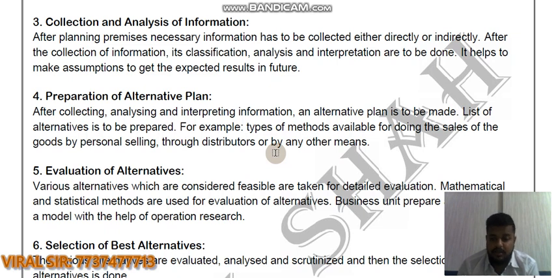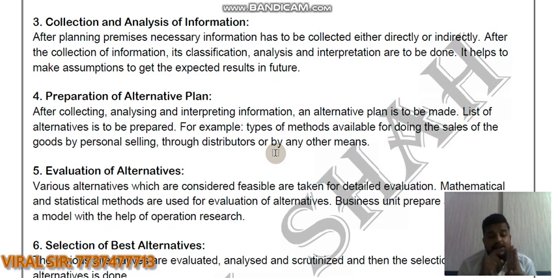Okay, it is not sure that we will get this, but those are the assumptions for the future expected results. Clear? So first is setting up of objective, then planning premises, and then collection and analysis of information.